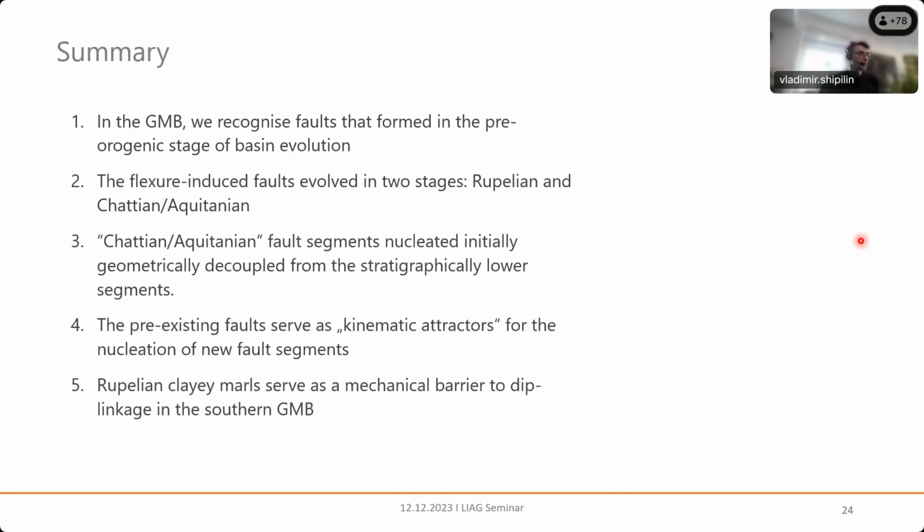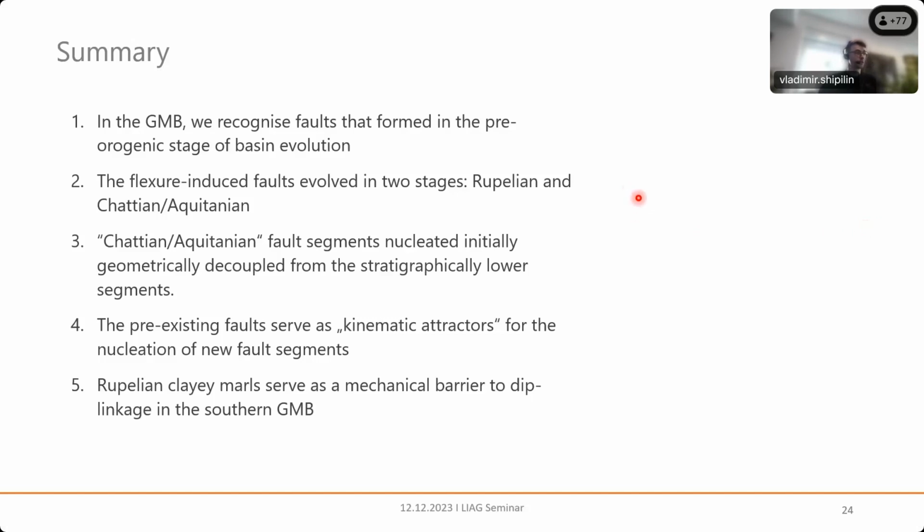So in the German Molasse Basin, we recognize faults that formed not only during the flexural extension, during the early orogenic times of the basin formation, but also during the pre-orogenic stage, during the passive margin stage, represented by the Ottobrunn fault.